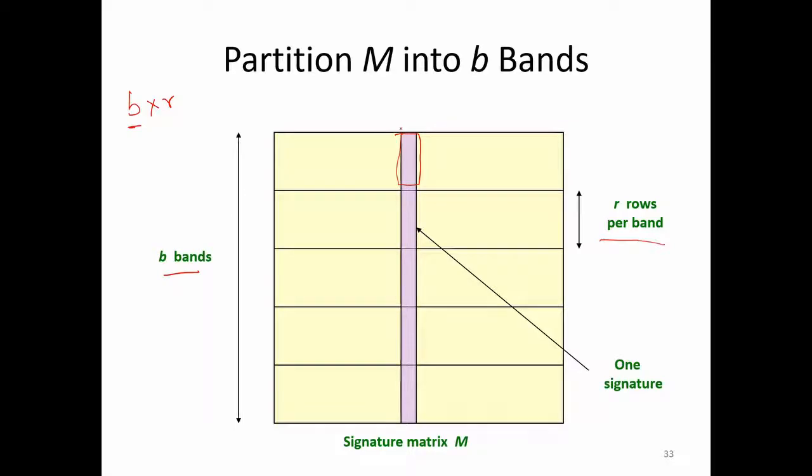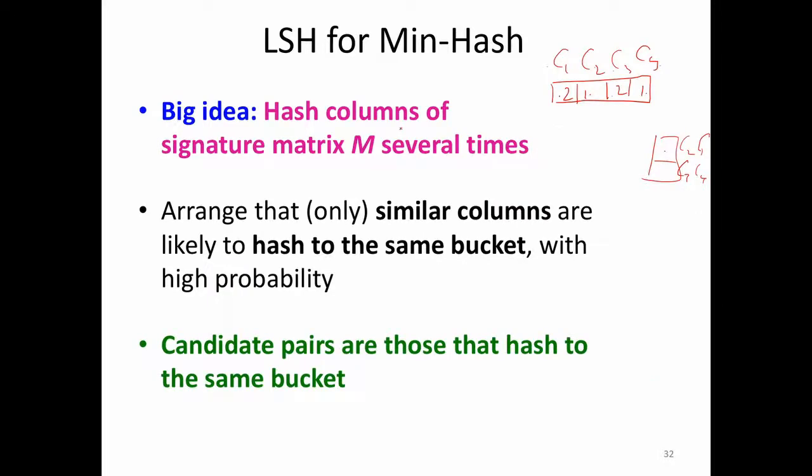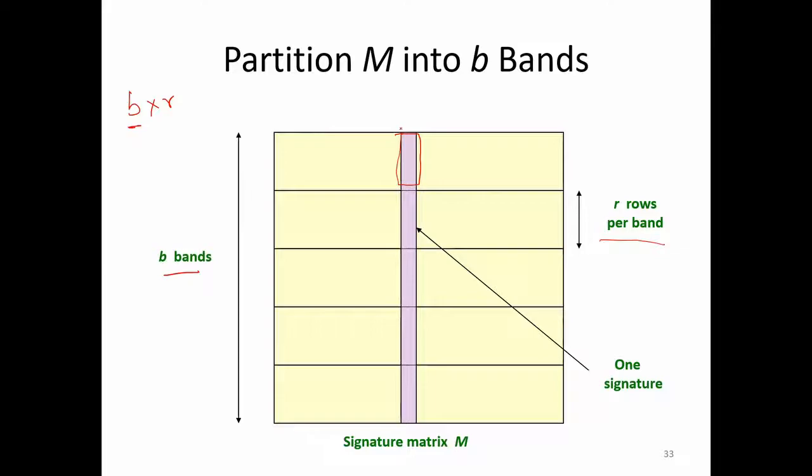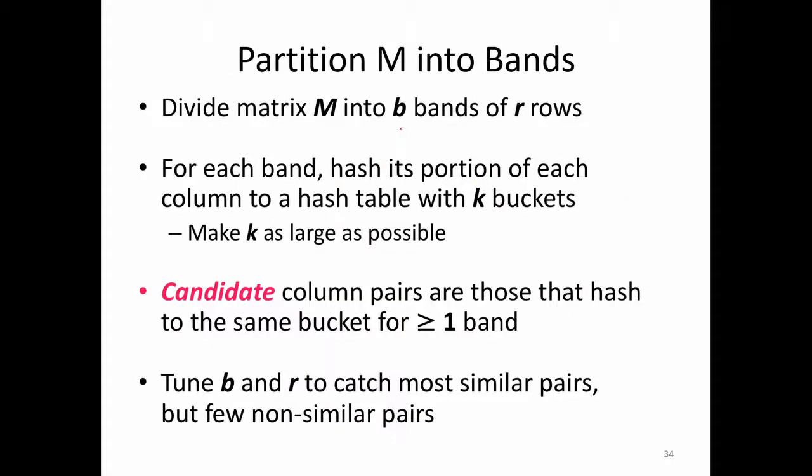Earlier we were saying that if one signature matches, you put them in the same bucket. Here we are saying that if r signatures match, then you put them into the same bucket, and you do this for all the b bands.